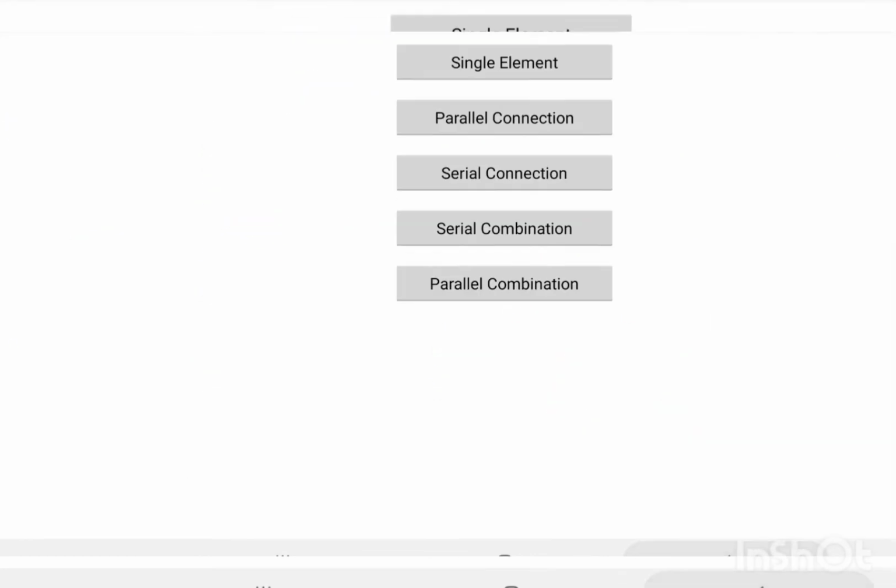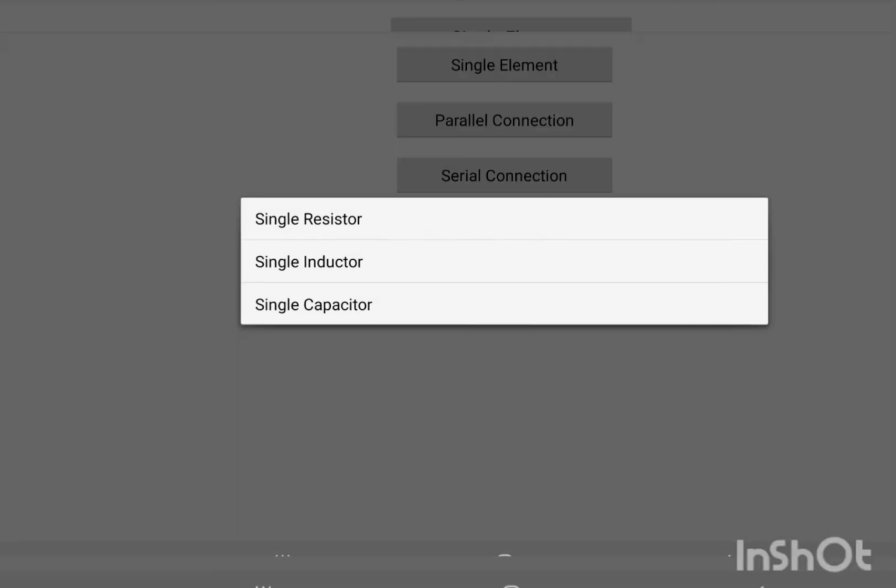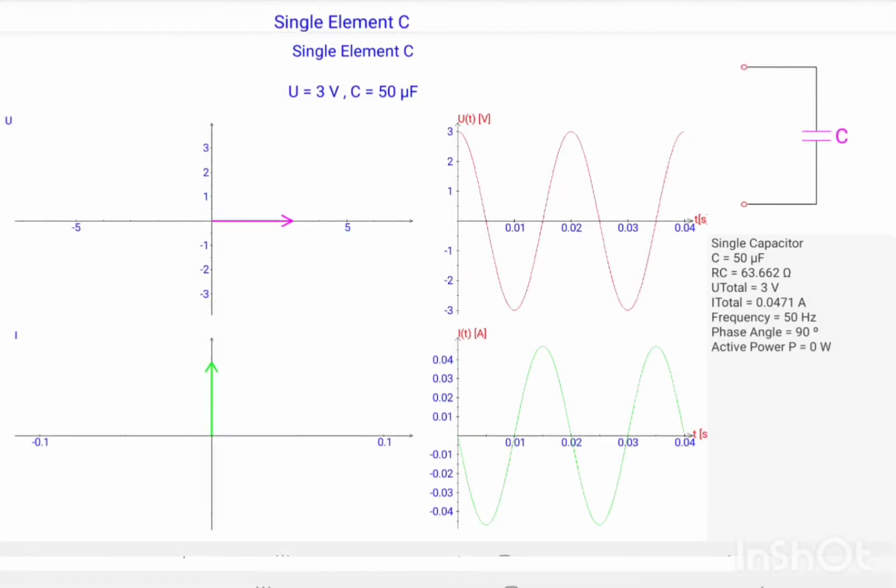Okay, for a single capacitor, the current leads the voltage by pi/2 radian. So we look at this one.